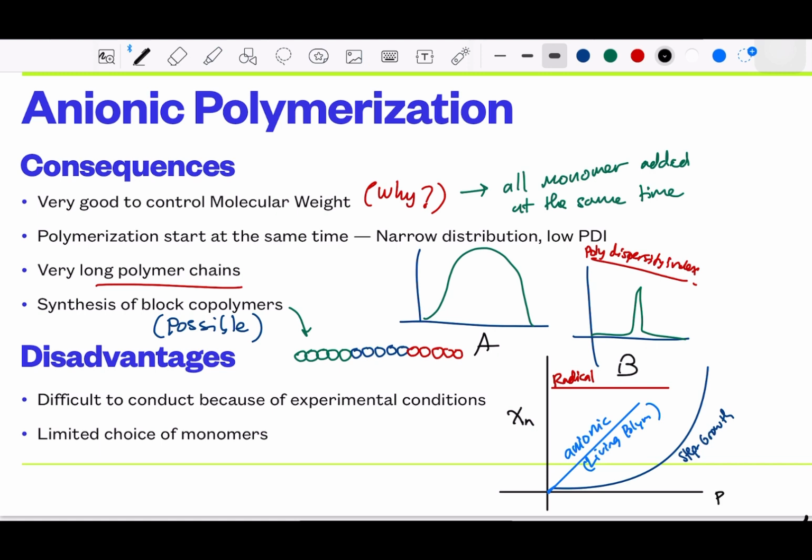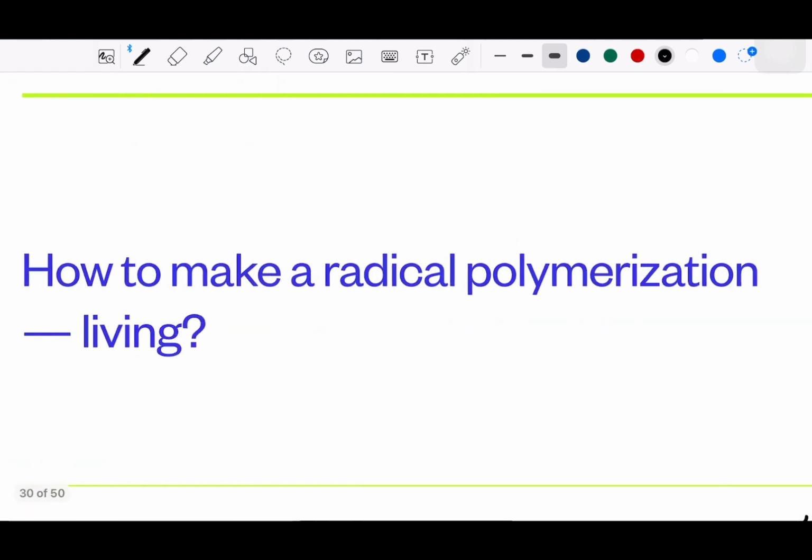So perhaps if we take radicals, the active species for radicals, and make the radicals go on and on. So can we make polymerizations living with radicals? That's the question, the premise. So how to make radical polymerization, or chain growth, living, which means it's not going to stop.